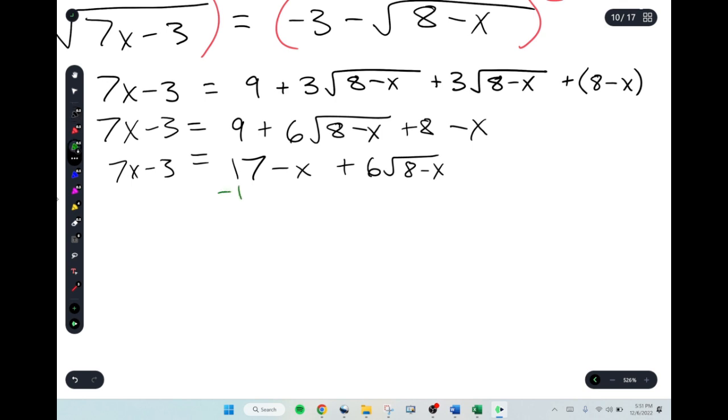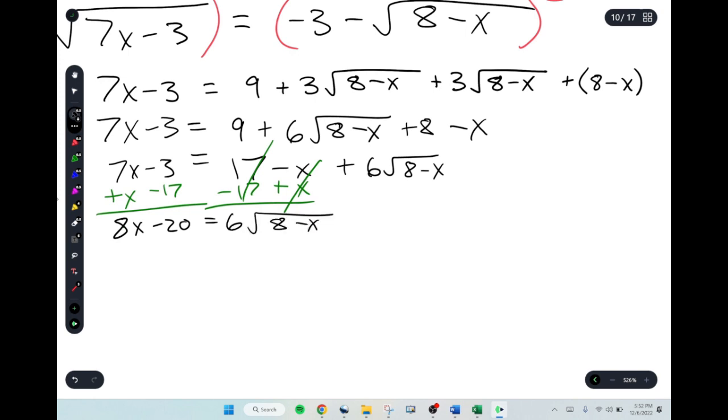What do you mean, what the heck? Oh, you get some. 9 plus 8? Oh. Move those both over. You get 8x minus 20.